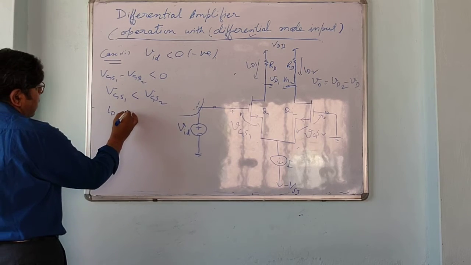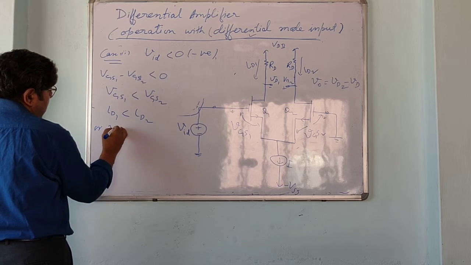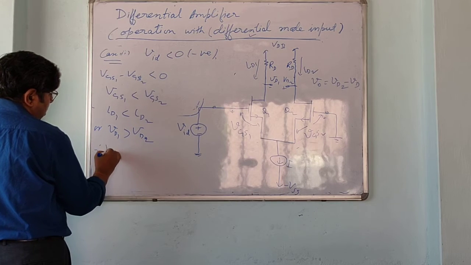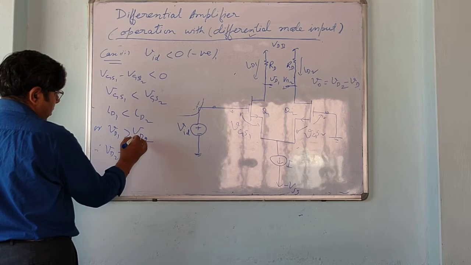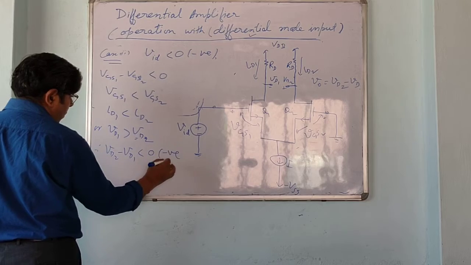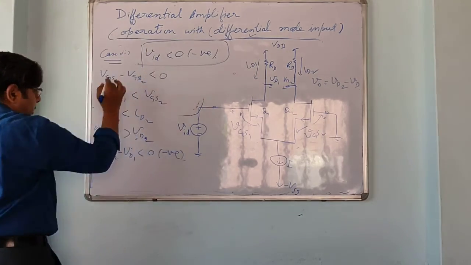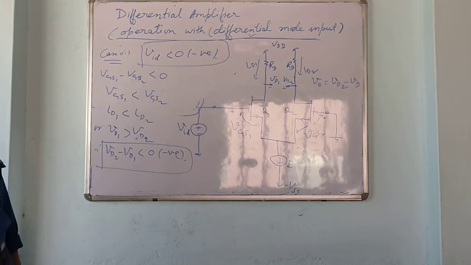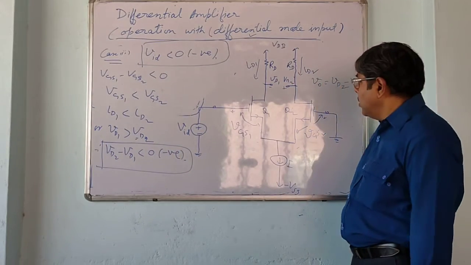Therefore ID1 is less than ID2, or VD1 is greater than VD2. Therefore the differential output is smaller, it is negative. So for negative differential input, the output is negative.